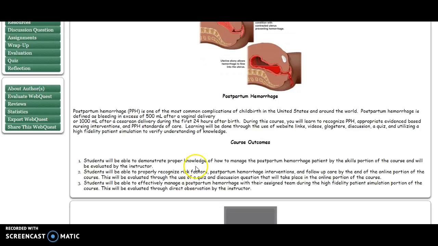For example, demonstrate the proper knowledge of how to manage postpartum hemorrhage and recognize risk factors of postpartum hemorrhage, as well as how they will be evaluated, through direct observation by the instructor, and so on and so forth.